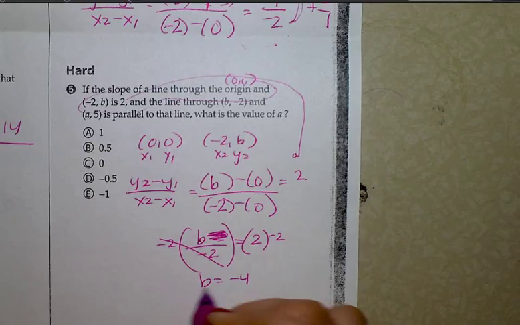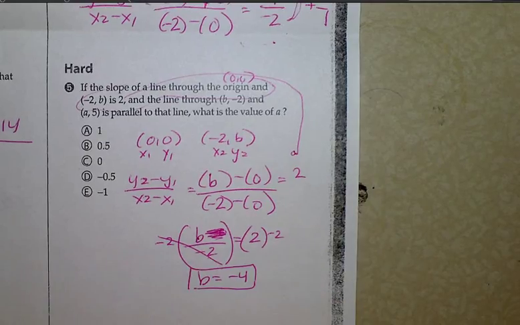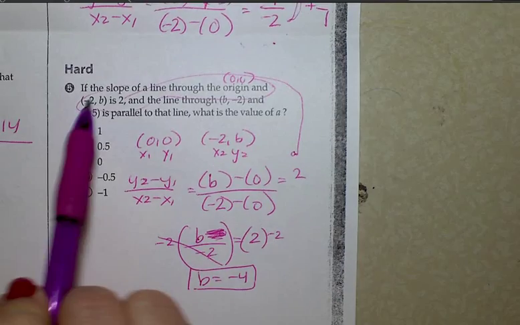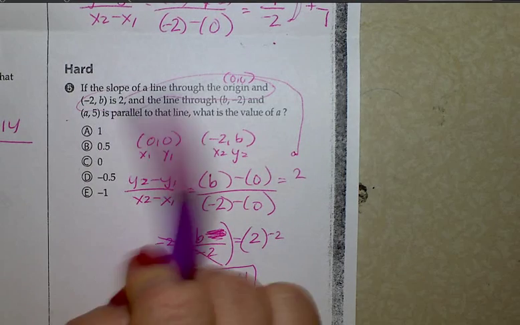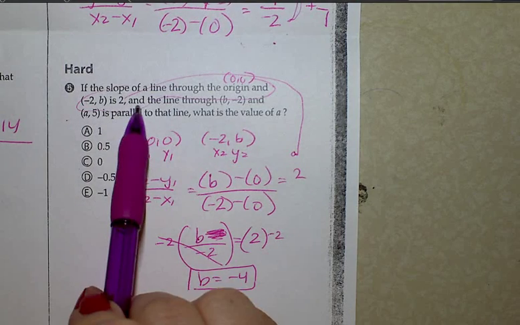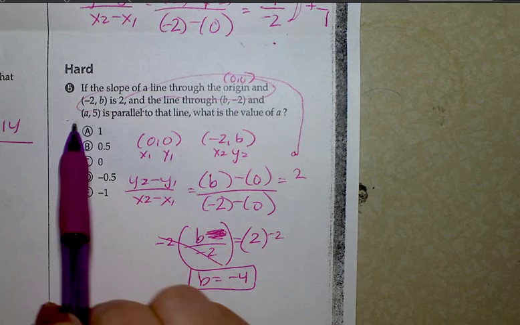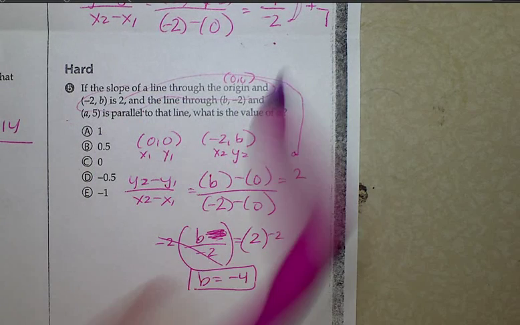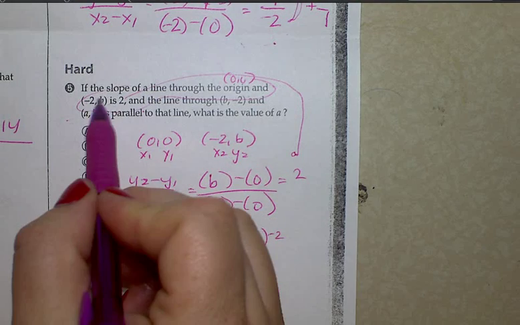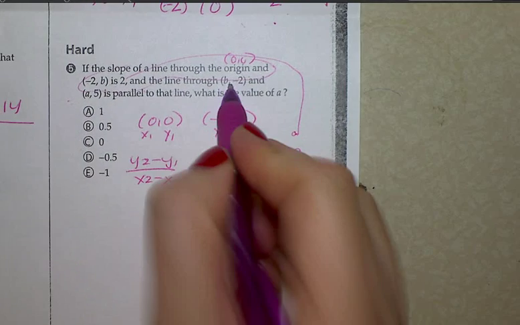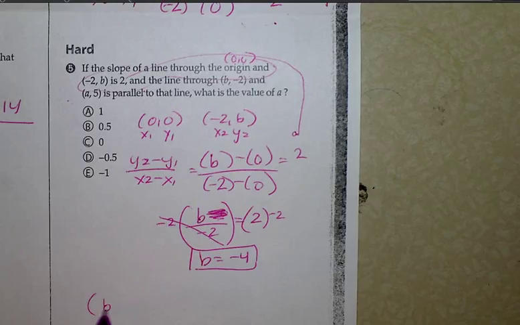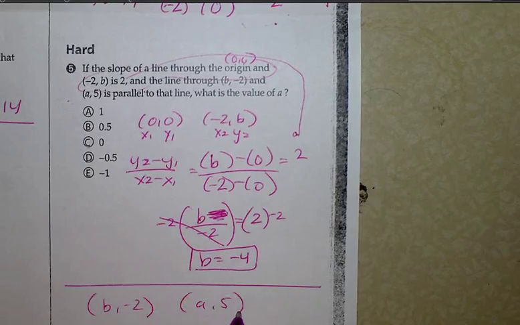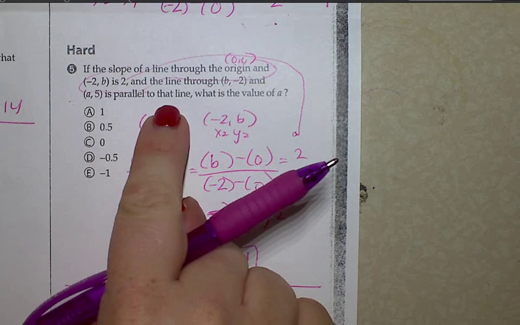Okay, I think that will help me as I go through the rest of this problem. So if the slope of a line through these 2 points is 2, and the line through these 2 points is parallel to that, then what is the value of a? Okay, so we know that the point b, negative 2 and a, 5 has a slope that's parallel to this.